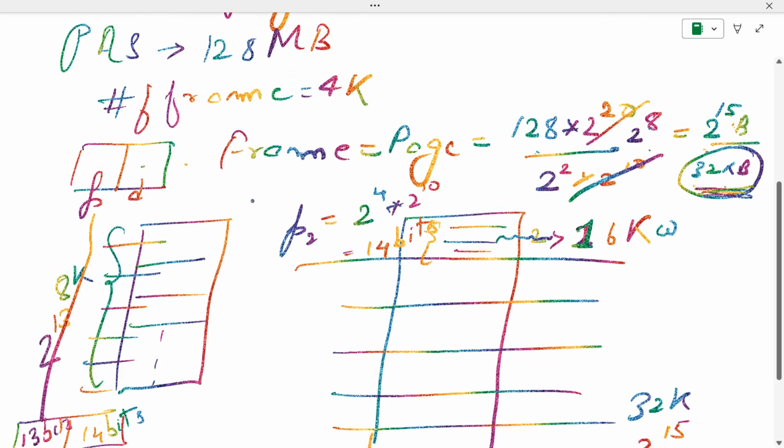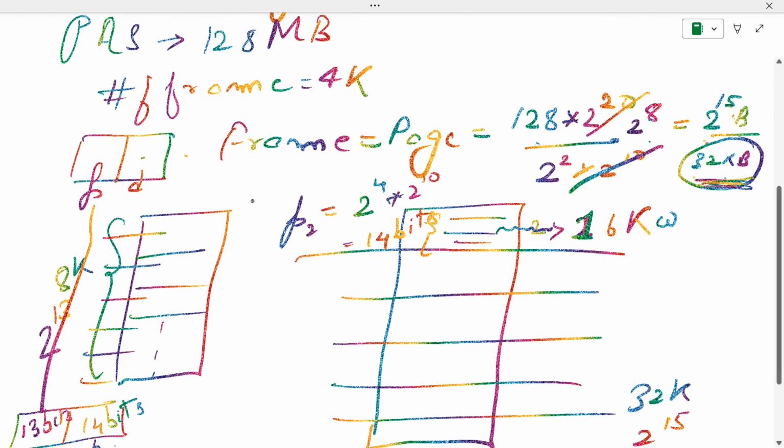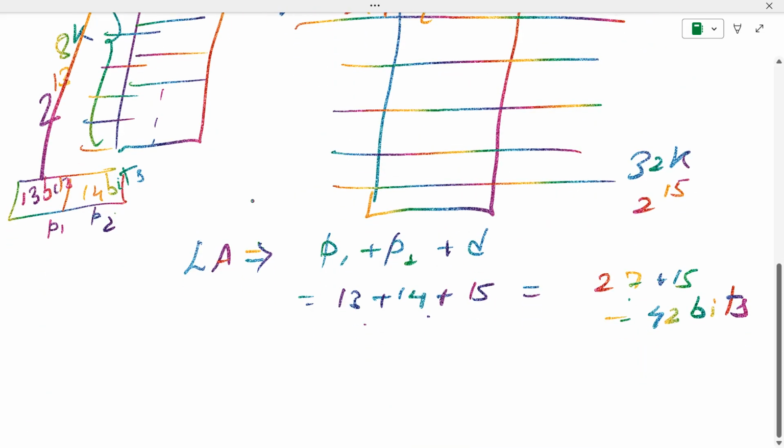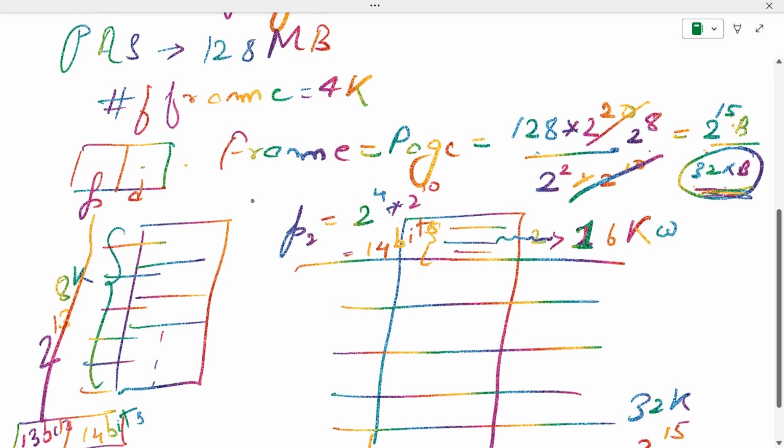Just a second. Why is it not matching with the answer? It is 27, and 4 KB and it's 128 MB.